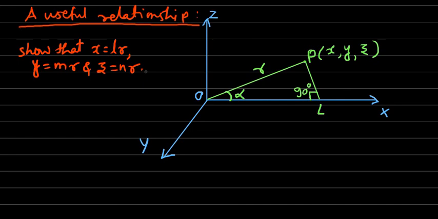Now next one, see here. Through the point P we have drawn a line PL which is perpendicular on the x-axis, in such a way that the distance OL will be equal to x. It is clear from the diagram also.